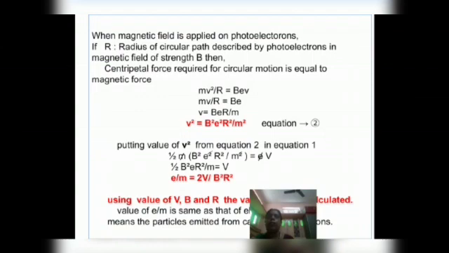Solving this equation, we get e/m is equal to 2V divided by B square multiplied by capital R square.